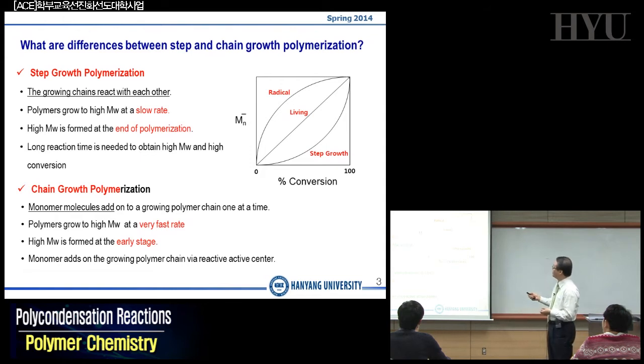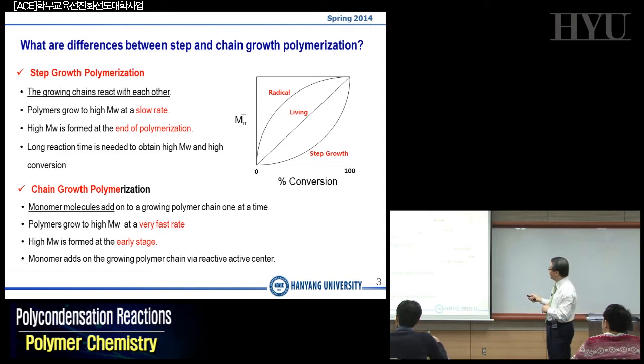Therefore, in the case of radical polymerization reactions, your molecular weight is further increased compared to step-growth polymerization at the same conversion. But the rate of increase is quite slow later. In the later stages, your slope is quite decreasing. So this is very typical for step-growth and chain-growth polymerization, particularly the radical polymerization reactions.